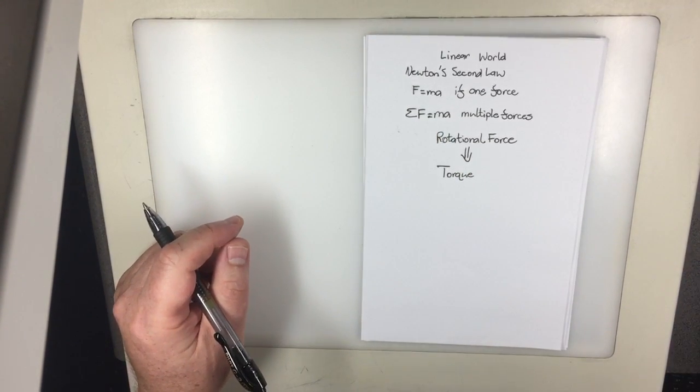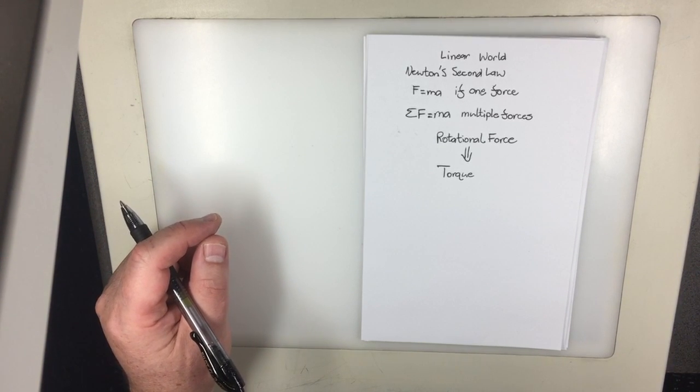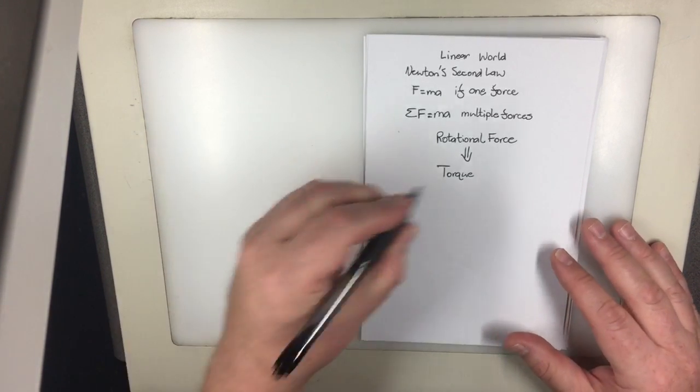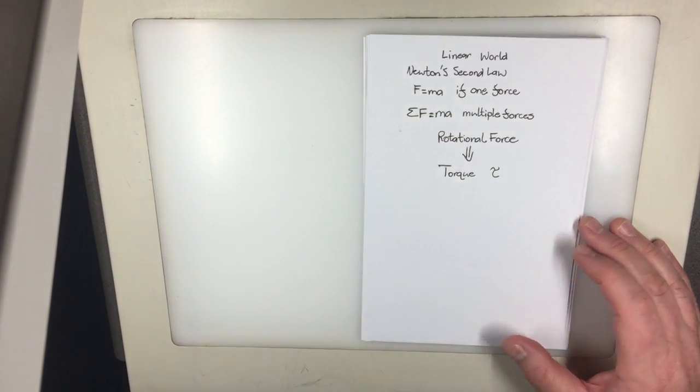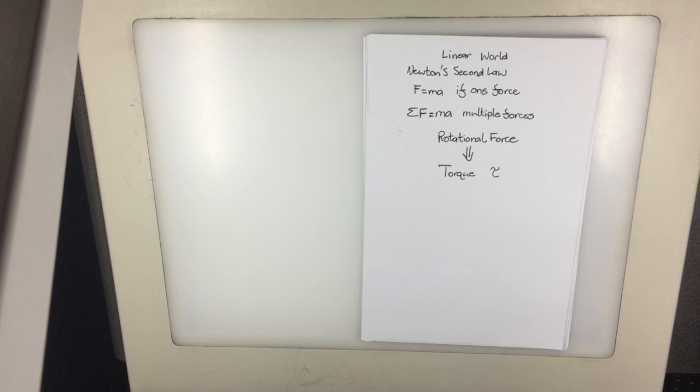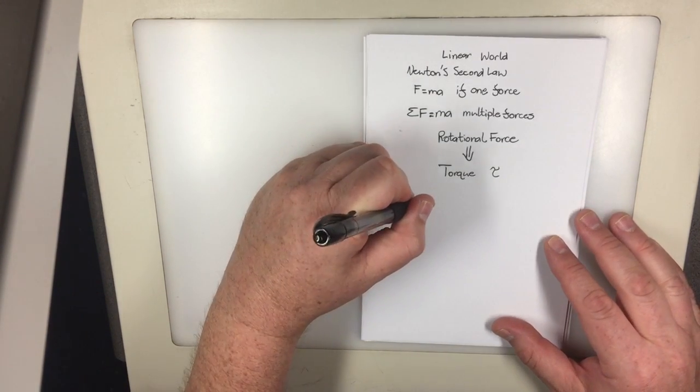So if you've got a force, you know you're dealing with something linear. If you've got a torque, then you've got something that is rotational. And torque is typically used with the symbol lowercase tau, a little script T. Torque can be described as two different things.